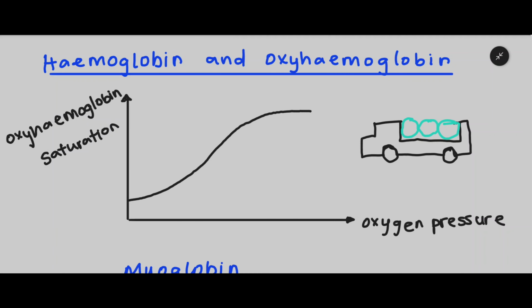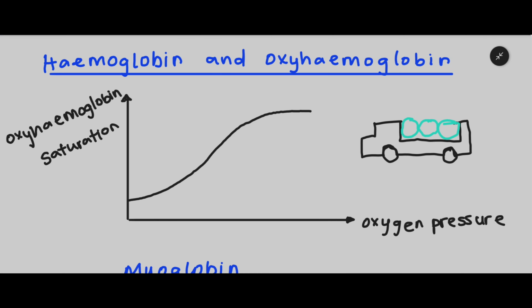We don't want the oxygen molecules to get stuck to the truck. So we want a low affinity. And affinity means attraction. We want to get to a state of low affinity between hemoglobin and oxygen. And that's what happens during exercise. What happens during exercise is that oxygen and hemoglobin have a lower affinity to each other, which means that hemoglobin can't carry that many oxygen molecules.